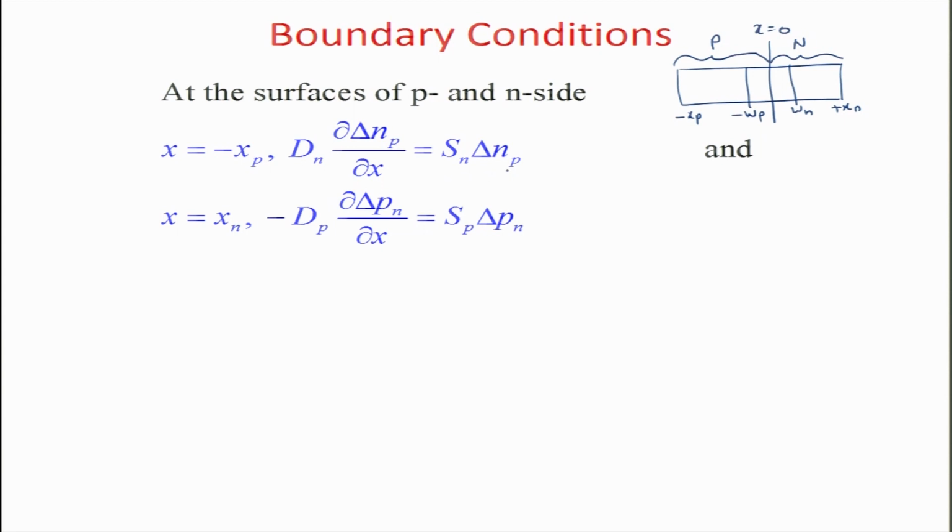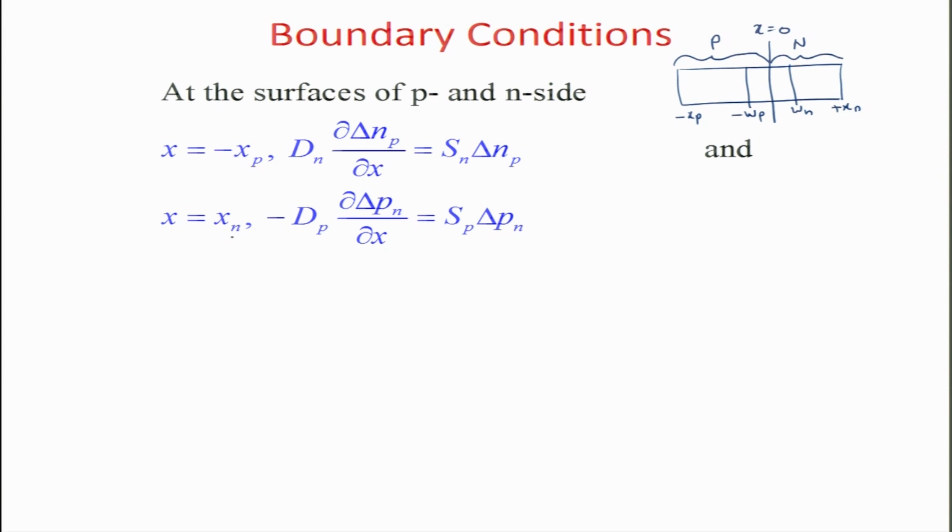This is the recombination term that we saw when we were talking about surface recombination. So, on the surface, you can say the diffusion current is limited by the surface recombination. The carriers which diffuse out get recombined at the surface.